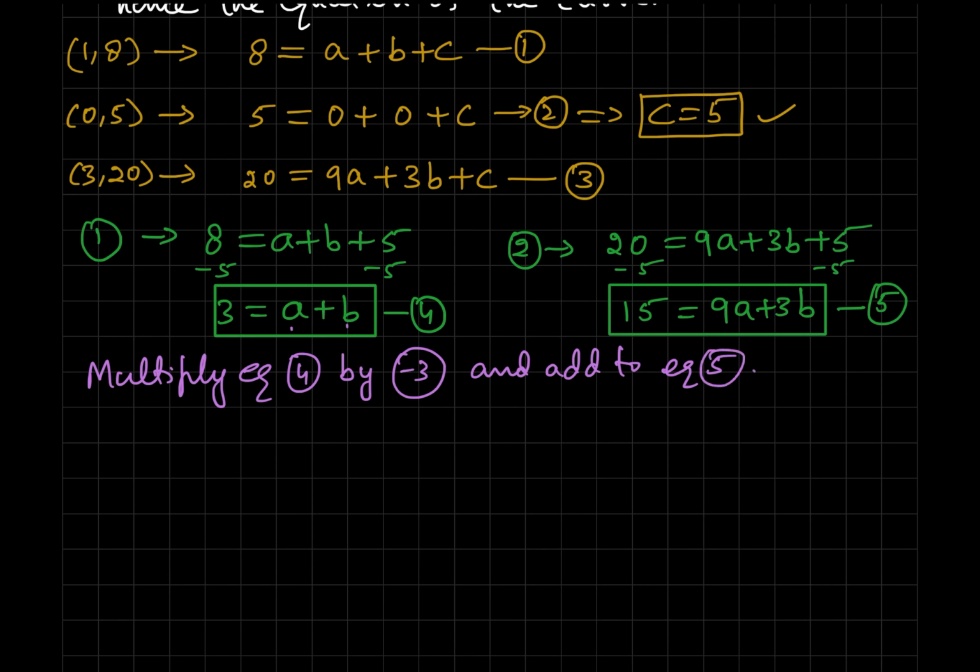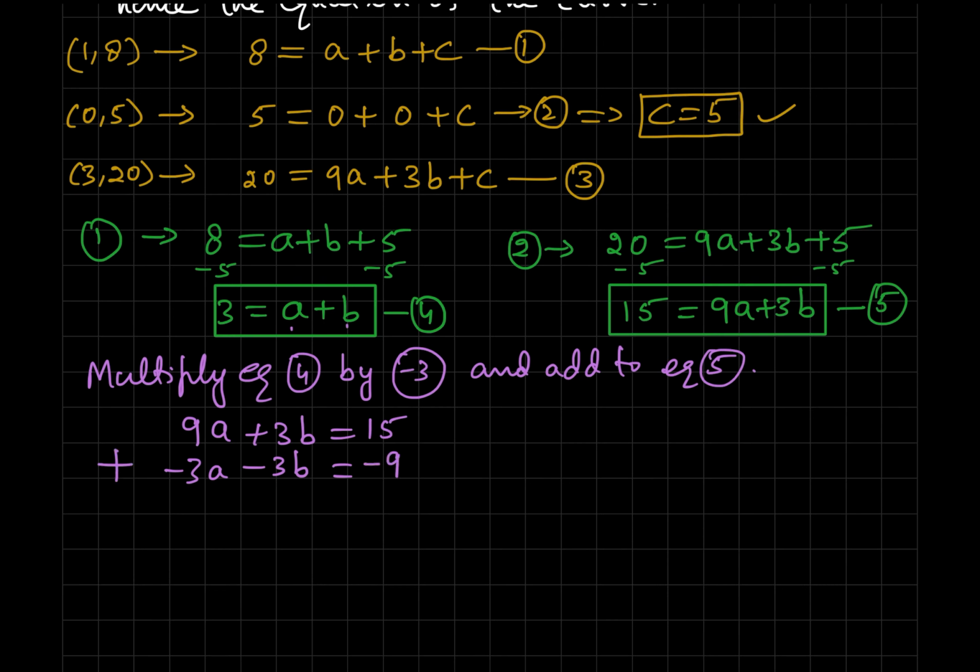So let us do. Equation 5 I am writing here, 9a plus 3b equal to 15. Then negative 3 times a would give me negative 3a. Negative 3 times b would give me negative 3b equal to 3 times negative 3 would give me negative 9.